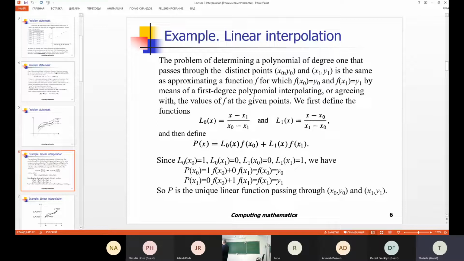And after that, I can draw a polynomial. P1 of x equals L0 of x times f of x0 plus L1 of x times f of x1.